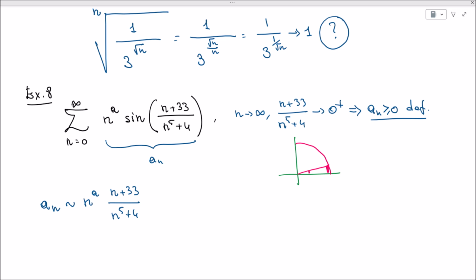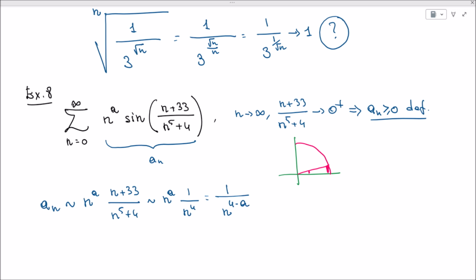But when n goes to infinity, this is just like n to the a times 1 over n to the fourth, which we can simply write as the fraction 1 divided by n raised to the 4 minus a.